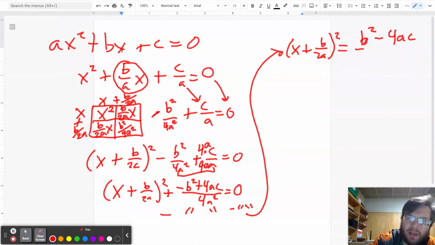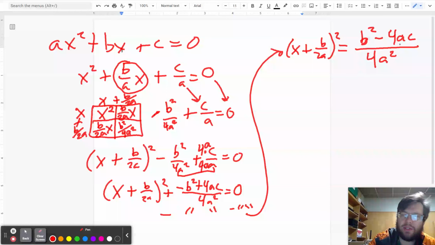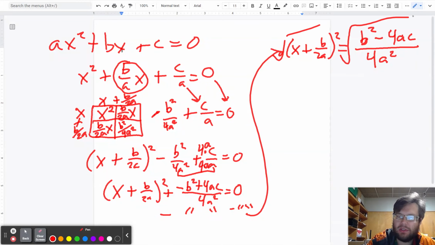B squared minus 4ac over 4a squared. I hope you can see how we're getting closer to the quadratic formula. Next thing we're going to do is square root both sides. Just like we did with our numerical examples, now we're just doing that with letters. Now I've got plus or minus square root of b squared minus 4ac.